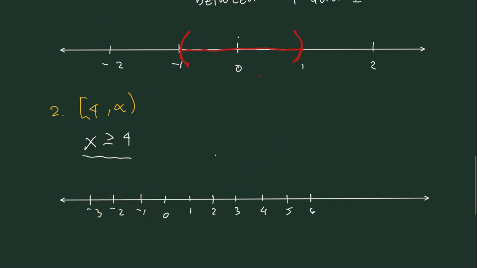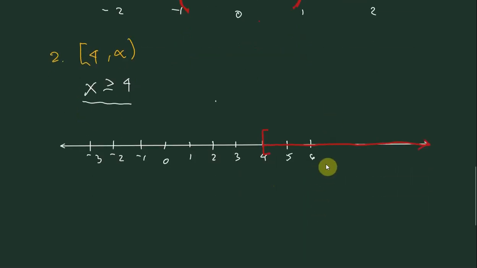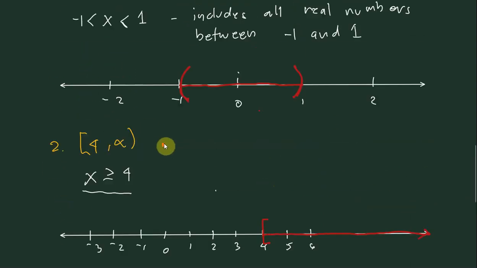So this is 4, right? So what we're going to do? It includes 4, so we have to use this bracket, and then let's go all the way to positive infinity. Okay, so this is the graph of this particular item. Now let's proceed to 3.